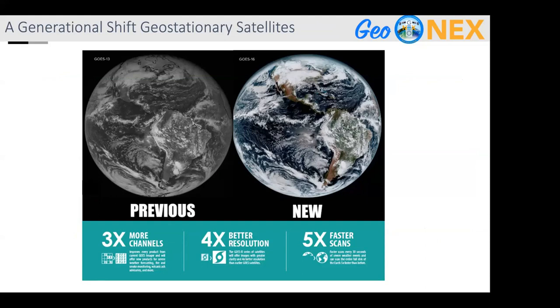For visible to NIR it is 1 kilometer at nadir. And the most important thing still is the higher temporal frequency. Now we have 5 times faster scans. So every 10 minutes for full disk. For regional, we have 5 minutes or even 1 minute scans. A lot of information, very high temporal resolution.